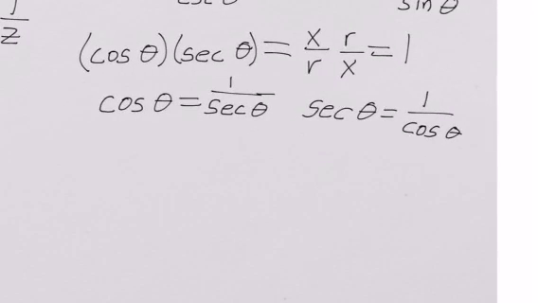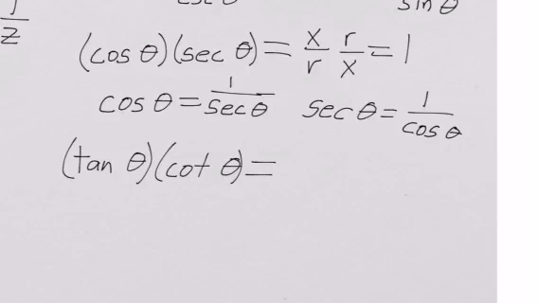Then the final pair that we have on this is the tangent of theta times the cotangent of theta. Tangent of theta, by definition, is y over x. And straight from the definition, the cotangent of theta is x over y.